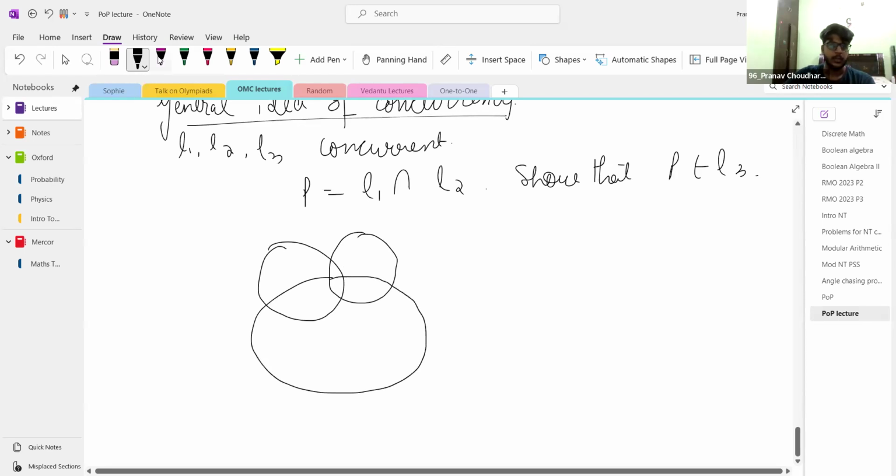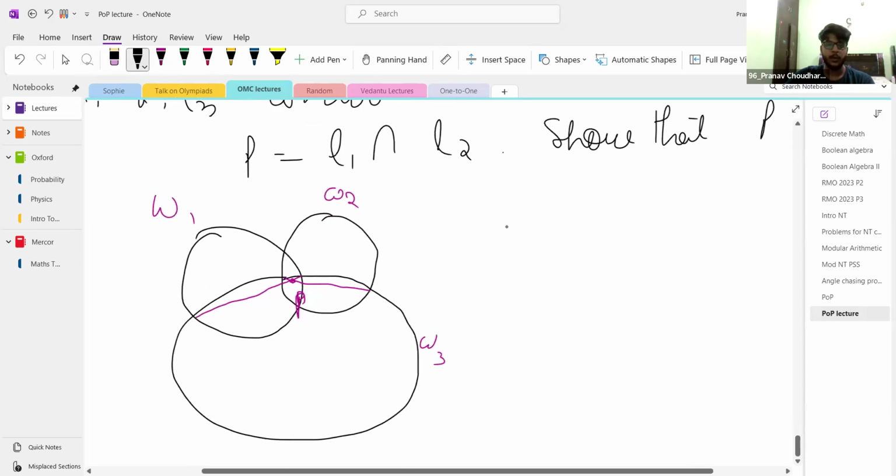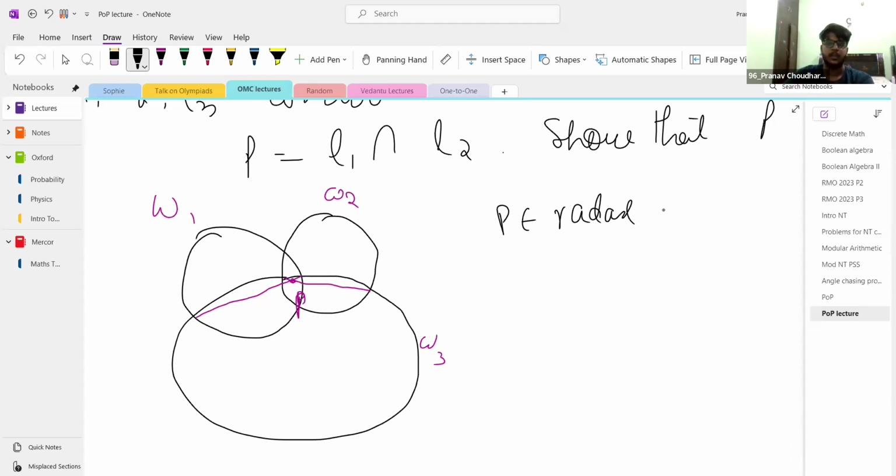Suppose I take the radical axes of this circle and this circle and let them intersect at point P. Let's call these circles omega 1, omega 2, omega 3. So I know P lies on the radix of, radical axis is abbreviated as radix, so it's nothing new, I have taught you that, the radix of 1 and 3.